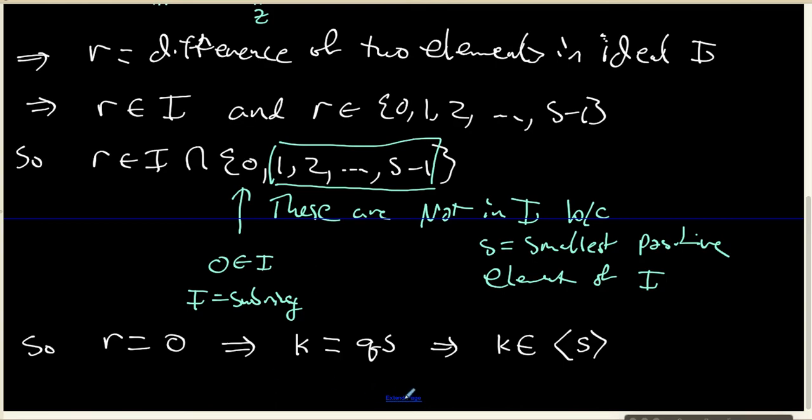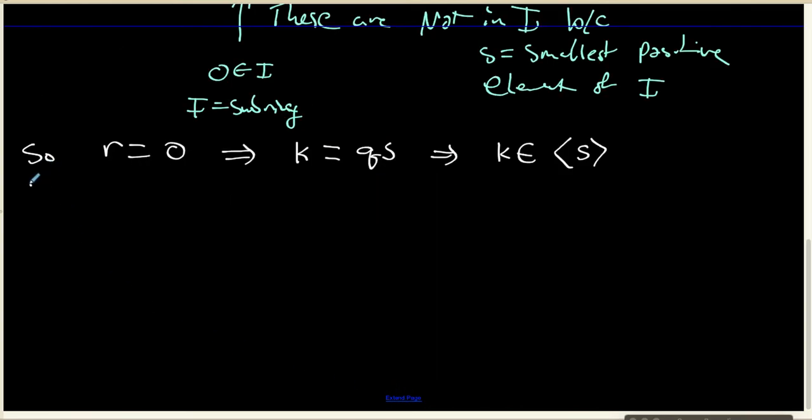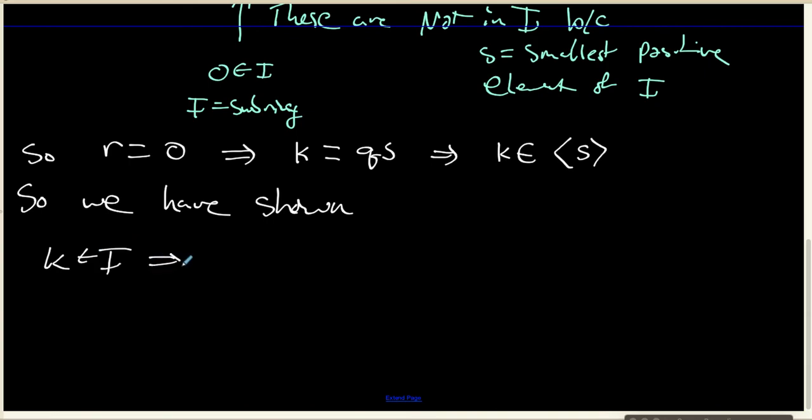And so what we've now done is we have shown that K belongs to I will imply that K belongs to the principal ideal generated by S. So I is now a subset of the principal ideal.